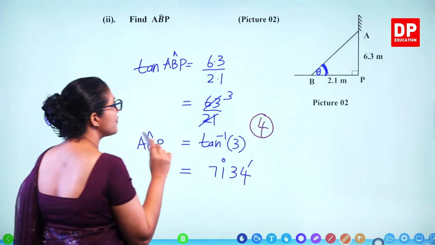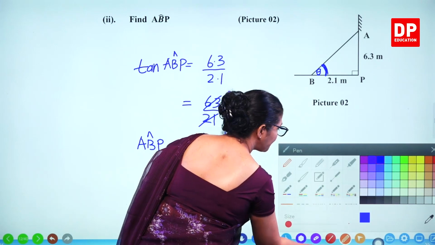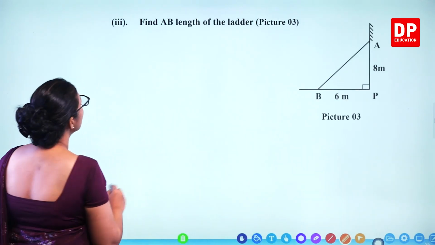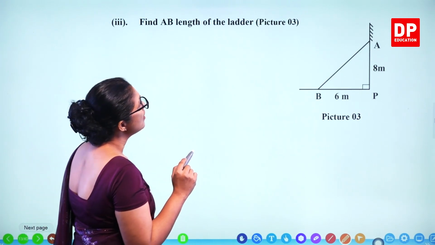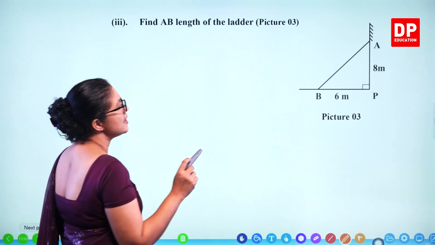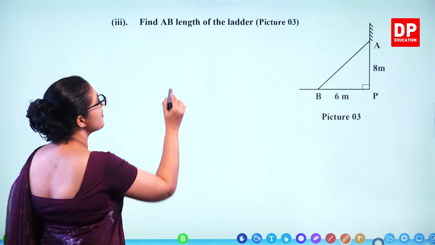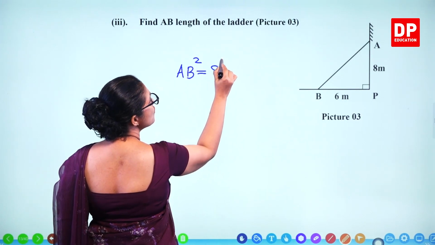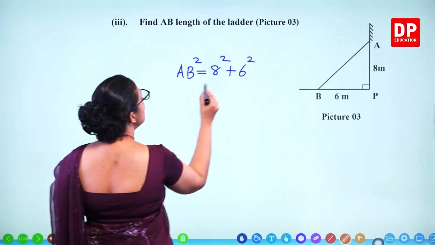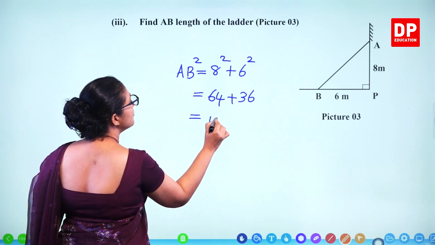So 4 and 3, we gave 7 marks. Now the next part. Find AB, the length of the ladder in picture 3. Now we have to find the length. You can use Pythagoras theorem. AB squared is equal to 8 squared plus 6 squared, 64 plus 36, that's 100.